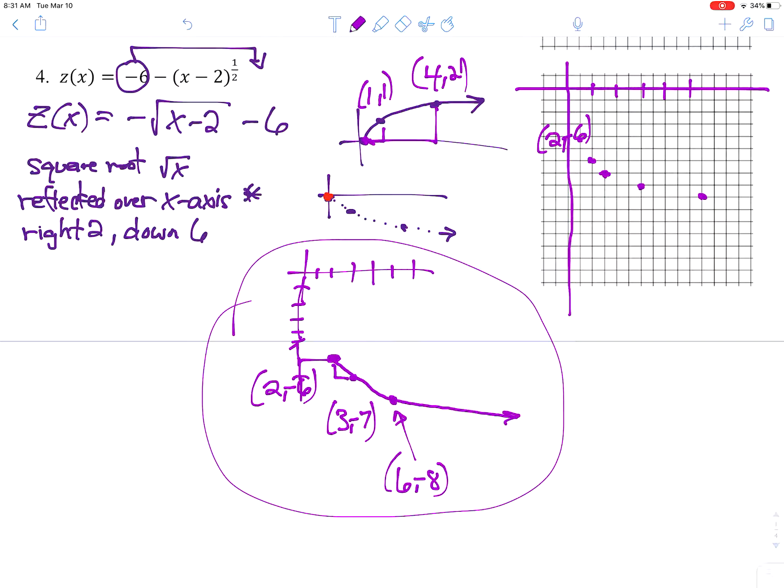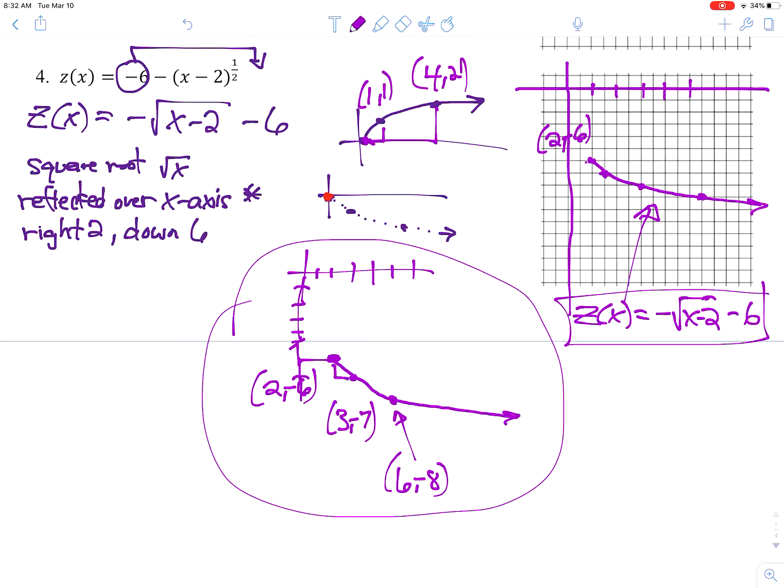Right there. That looks like the square root pattern, but now it's been reflected and gone right 2 and down 6. I'm going to rewrite that as z of x equals negative square root of x minus 2, minus 6.